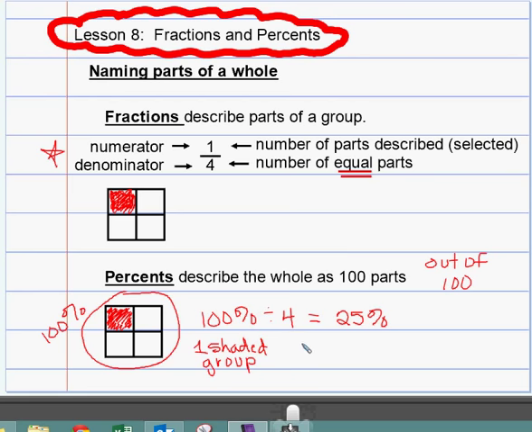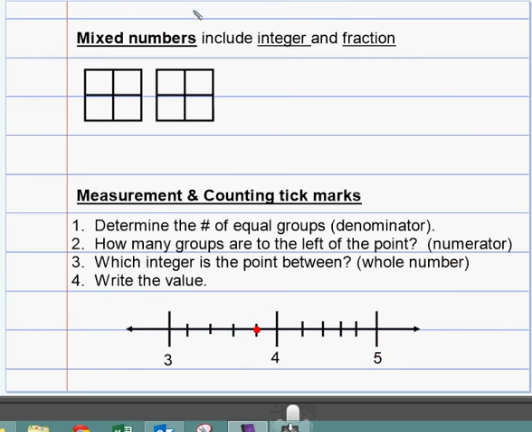So if we take the 25% times the number of groups that are shaded, that will equal 25%, which could also be represented as 25 out of 100. And then this fraction we would simplify, and that would get back to 1/4. So as long as you're writing a fraction with the denominator of 100, your numerator is the percent that it represents. Okay, I'm going to move on to the next page here.